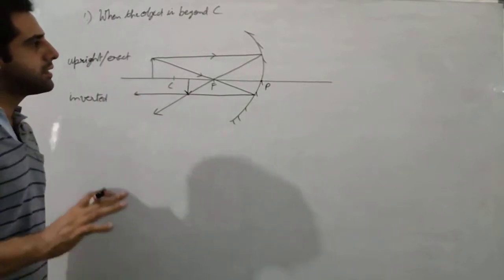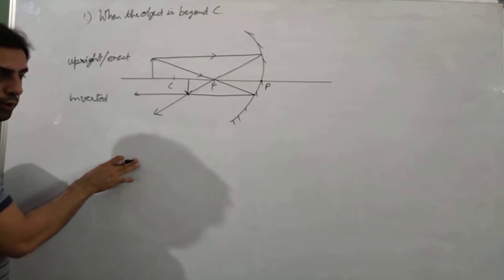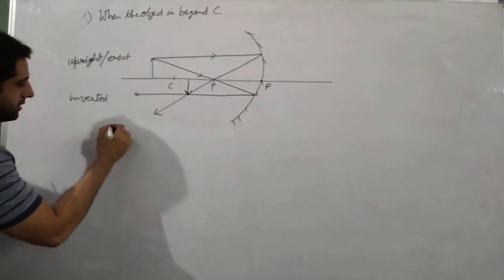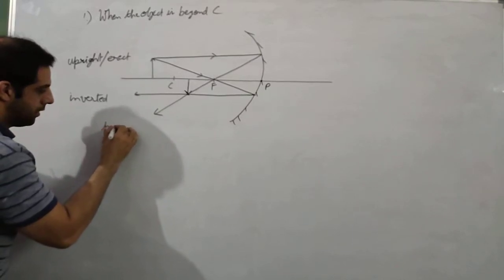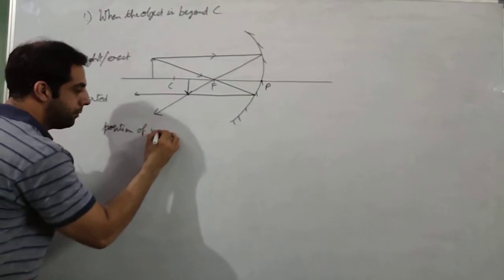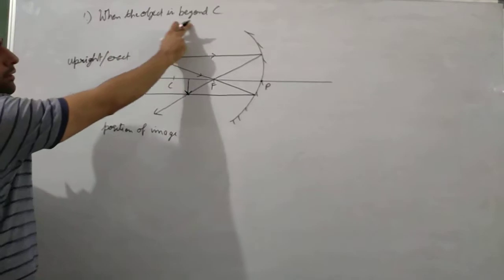Now this gives us certain information about the process. That information we are going to write point-wise, and make sure you follow this format only. The first thing is position of image. Now position of object we have already written here.